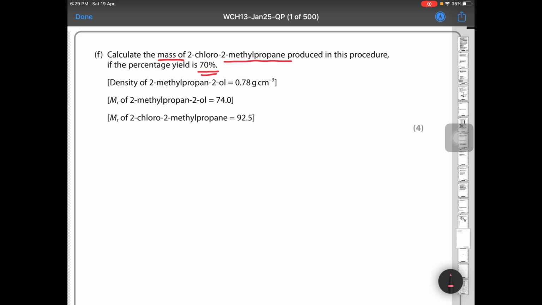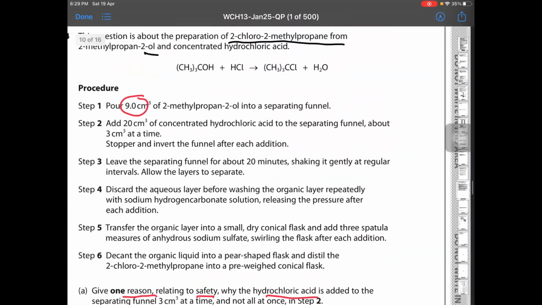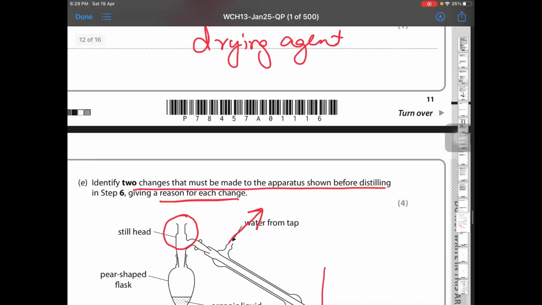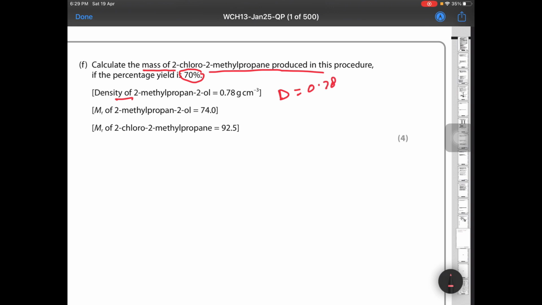If the percentage yield is 70%, density is given to you, and the volume of the alcohol which you used was 9.